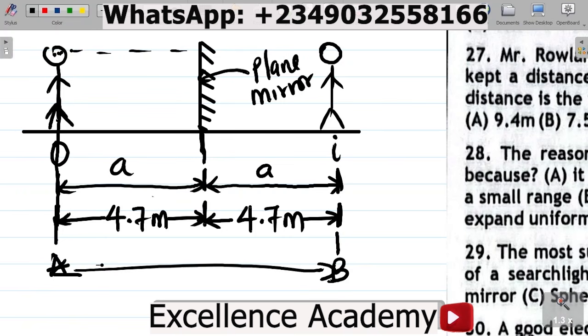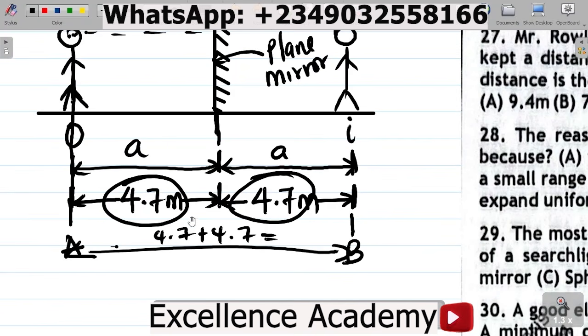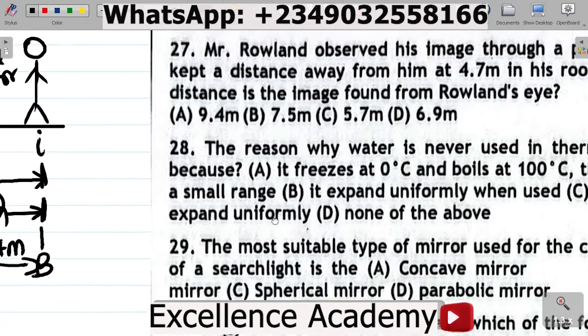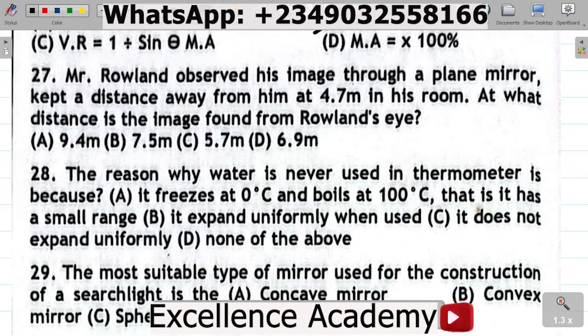It simply becomes 4.7 plus 4.7, and that's equal to 9.4 meters. All right. So let's see which option matches that. That's option A, 9.4 meters. So this is the correct answer.